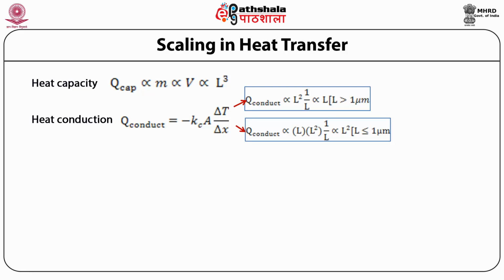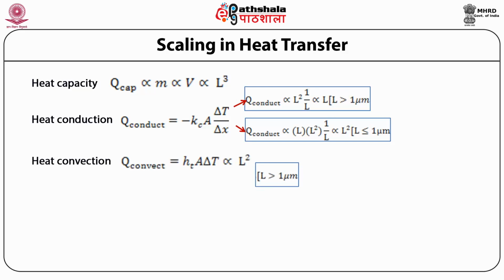The next parameter is convection, that is heat transferred by the motion of fluid. It is governed by Newton's cooling law, which gives the rate of heat convection as Q convect is equal to HT A delta T, and this is proportional to L square for L greater than 1 micron.